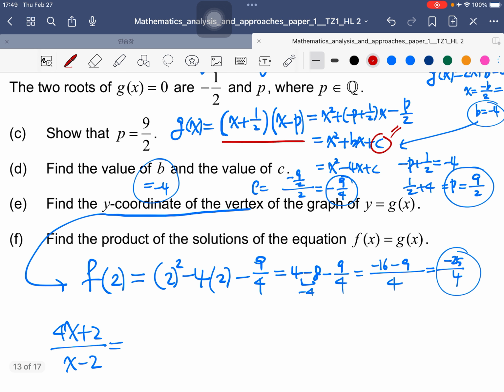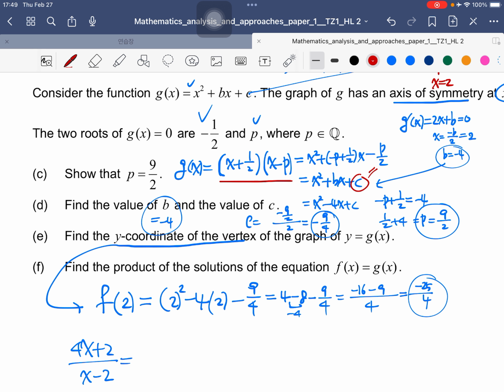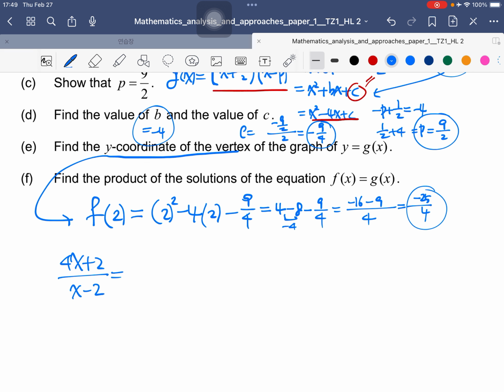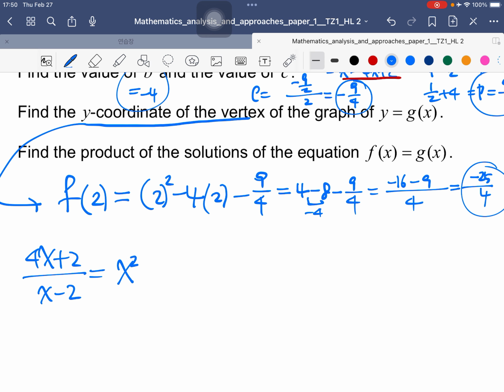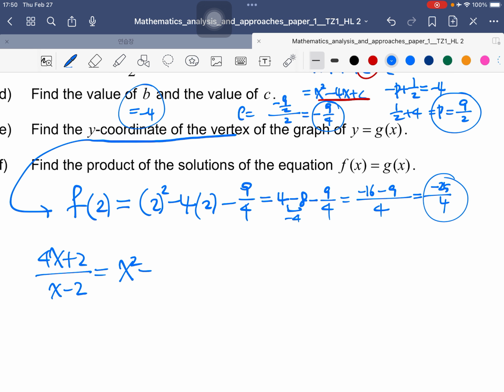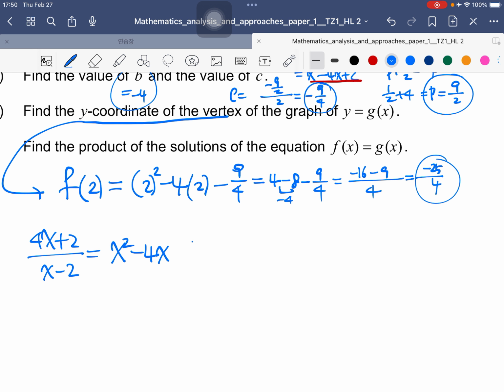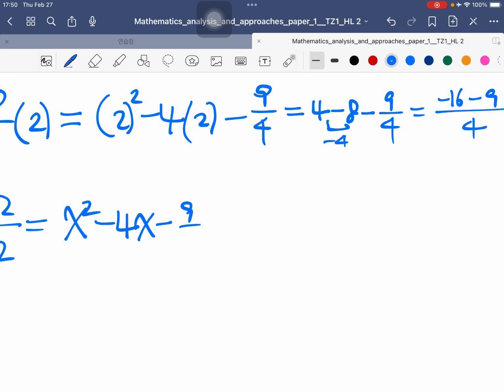You can write this one as x squared minus 4x, c was negative 9 over 4.